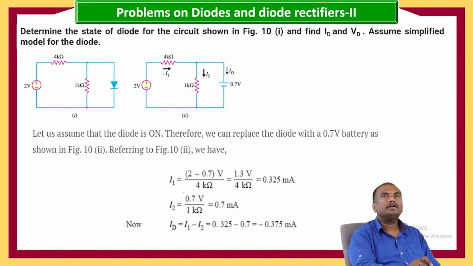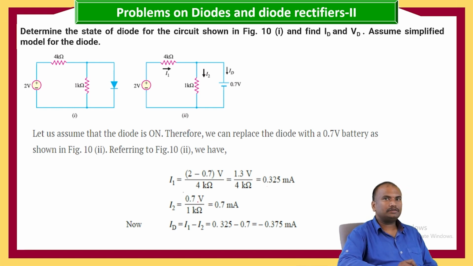If we see from this circuit, I1 is equal to, here the input voltage is 2 volts and on the other side we have the voltage of 0.7. So 2 minus 0.7 by 4 kilo ohms, that is 1.3 volts by 4 kilo ohms, that is 0.325 milliamperes.